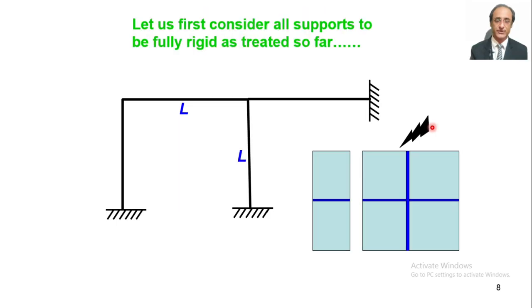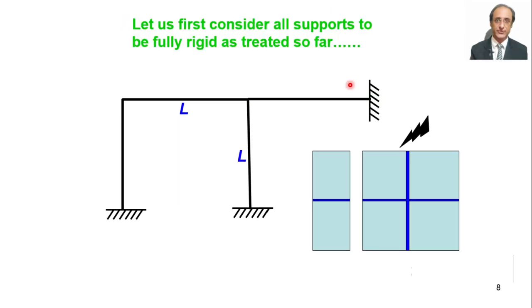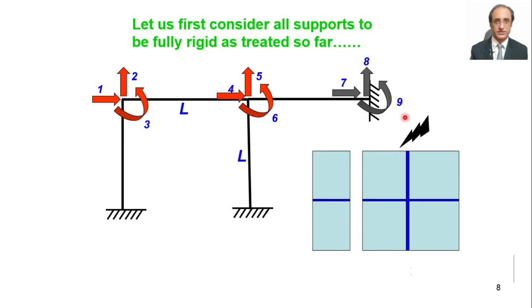Before we go ahead, let's consider a hypothetical case that the structure had all the joints fully restrained, including the one with the hinge. Then this case we could have tackled similar to what we have learned before. We would number the degrees of freedom such that the unrestrained joints are numbered first. So we have only 6 degrees of freedom, and the remaining numbers are associated with the reactions.